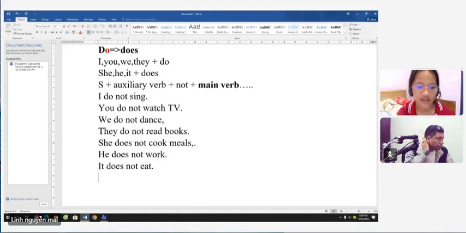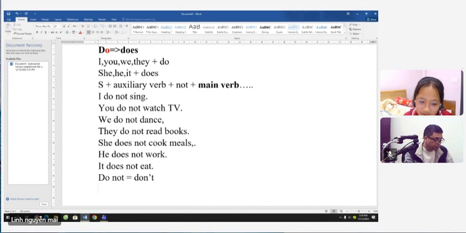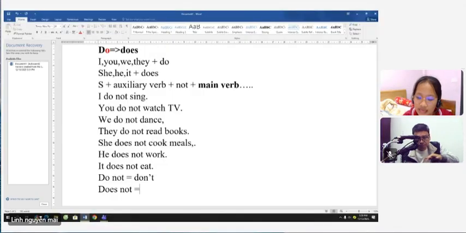Here we have do not, it is the same as don't. And next one is does not, it is the same as doesn't.